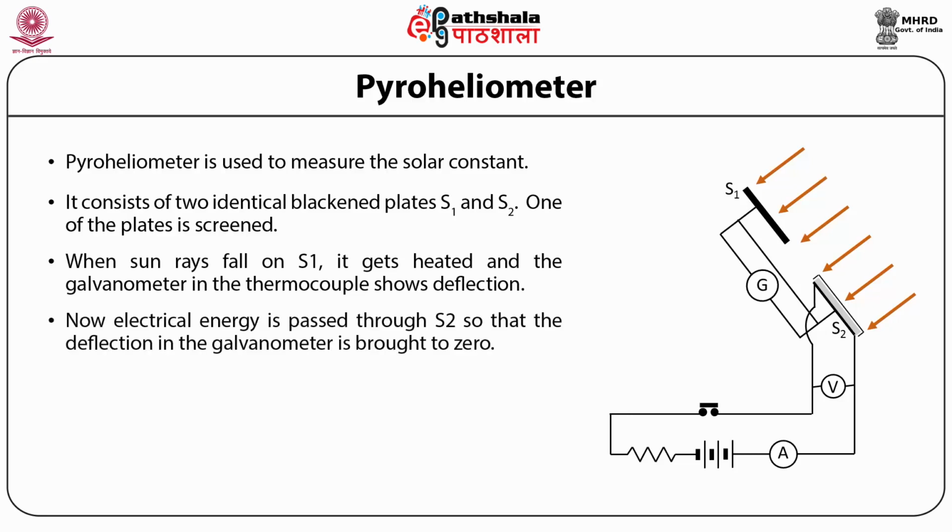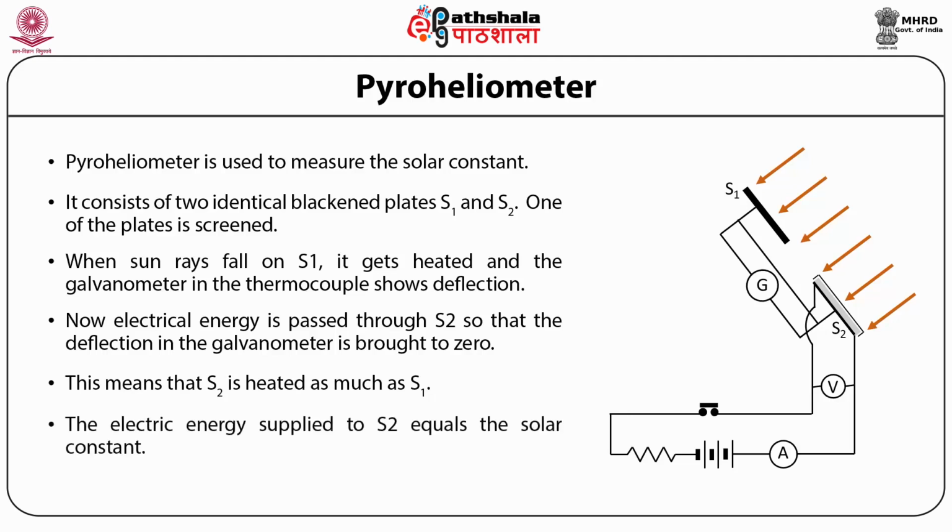Now, electrical energy is passed through S2 so that the deflection in the galvanometer is brought to zero. This means that S2 is heated as much as S1. The electrical energy supplied to S2 equals the solar constant.